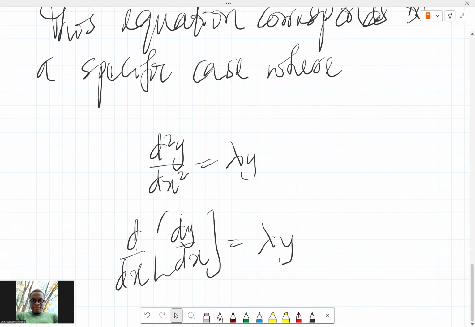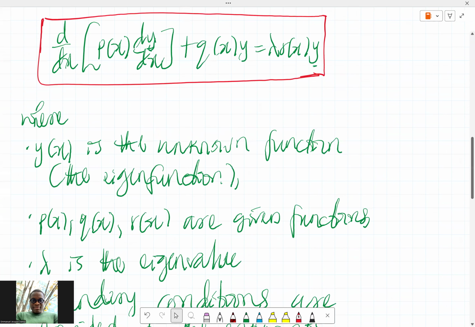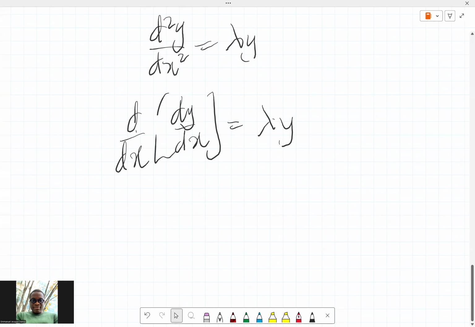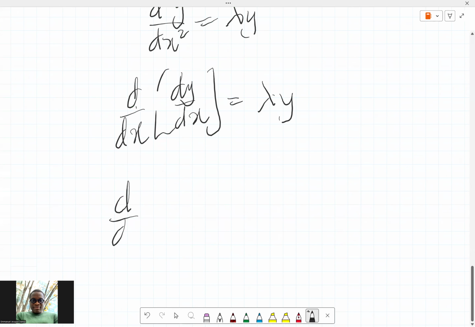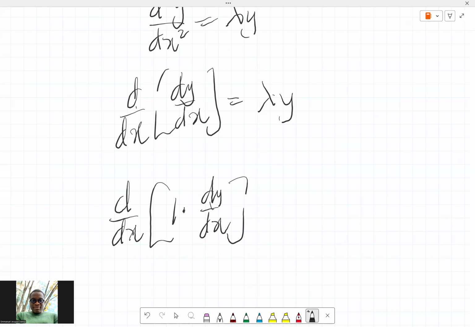So if we want to make it look like the proper Sturm-Liouville, normally it should be d dx of p of x times dy dx. If dy dx is the only thing we have here, that means we have d dx of 1 times dy dx, so our p of x is equal to 1.